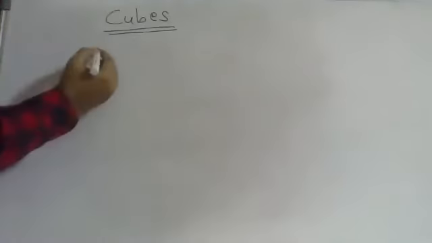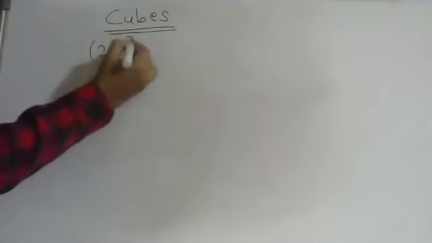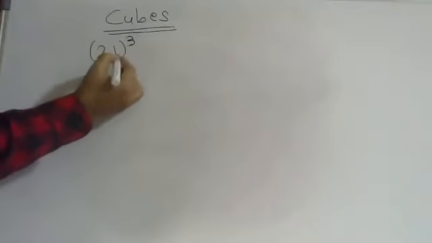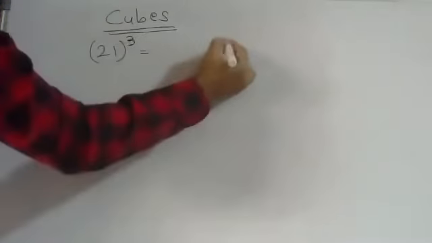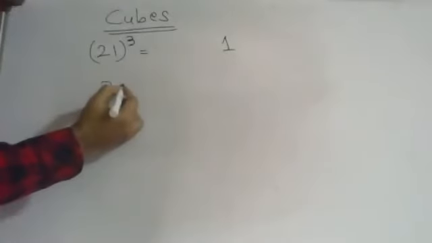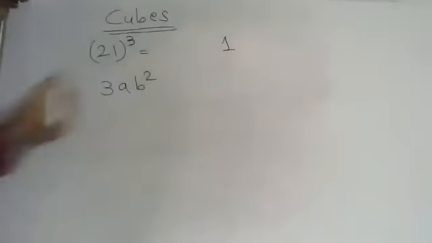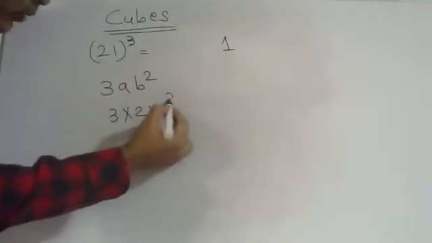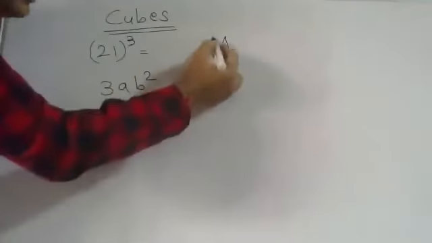21 cube. First, I will write b cube is 1. Second step is 3ab square. 3 into 2 into 1 square, that is 6.